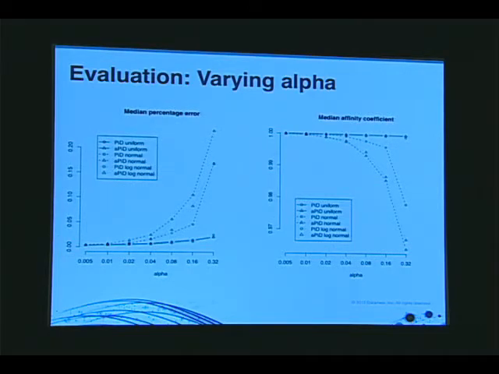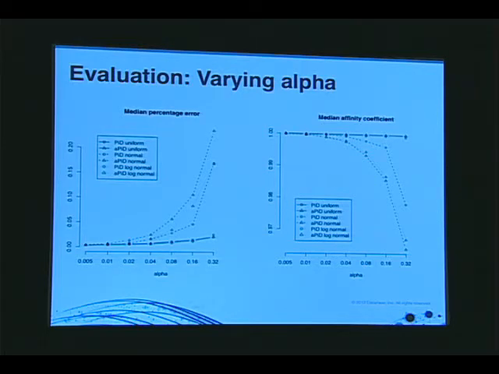We did this not just for the uniform distribution, but also for normal and log normal distributions and more. This is just an example of the experiments we did. Of course, the error also depends on the distribution of your data. For the normal distribution, the error grows faster with increasing alpha.